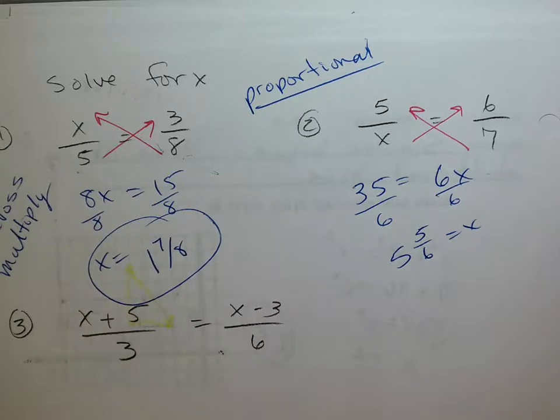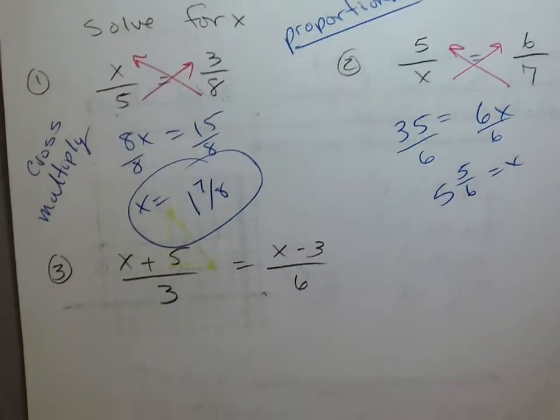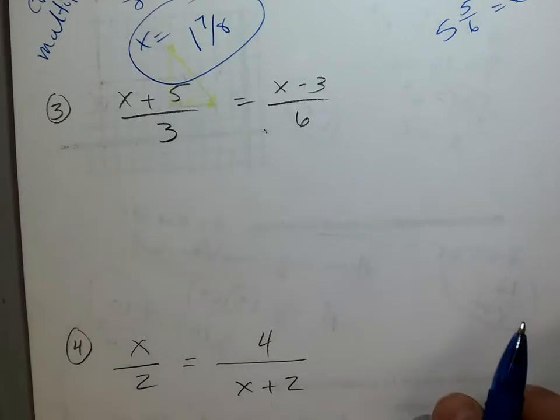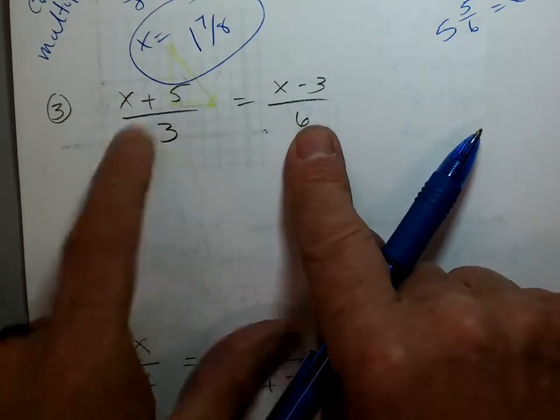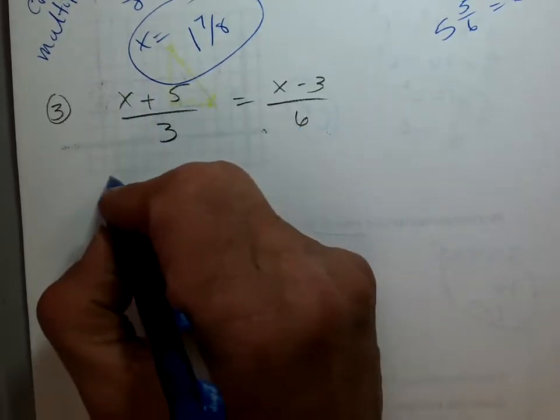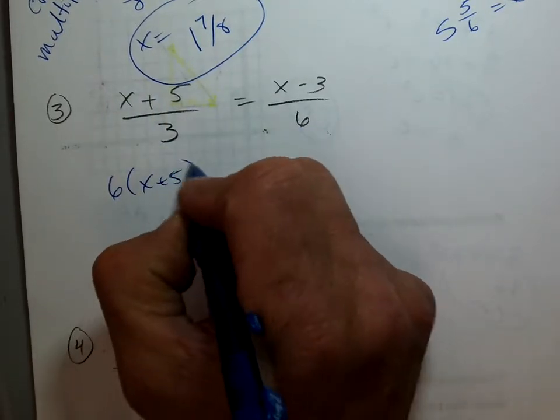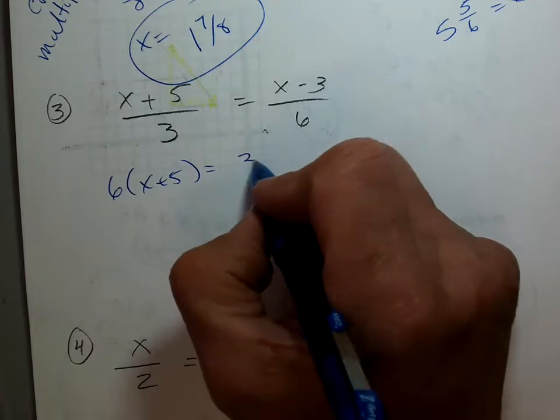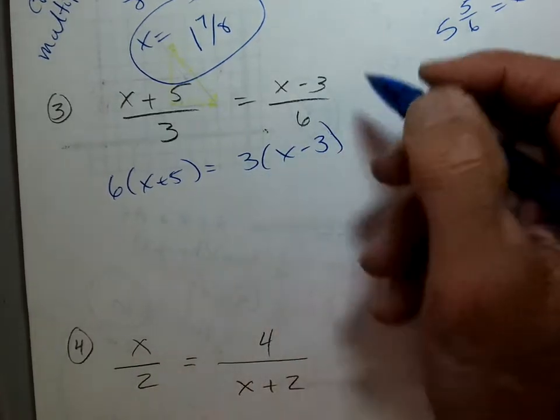Number 3, a little bit more complicated, but it's the same process. You've got a proportion, a fraction equal to a fraction, right? So we cross multiply, okay? So we're going to go this times this, or 6 times x plus 5, equals this times this, or 3 times x minus 3. We just cross multiply.